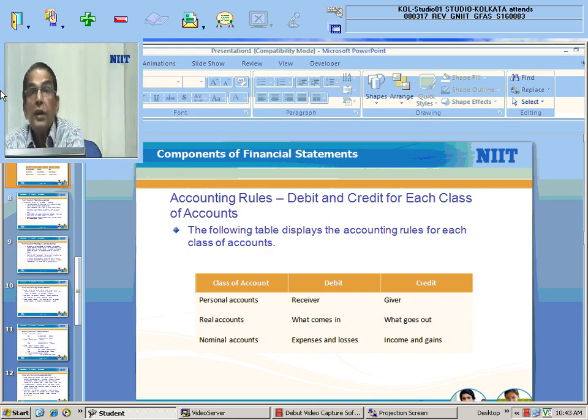So for any transaction which is taking place, you have to understand which two accounts are involved in the transaction, what their types are, and then follow these accounting rules to decide which account should be debited and which account should be credited.